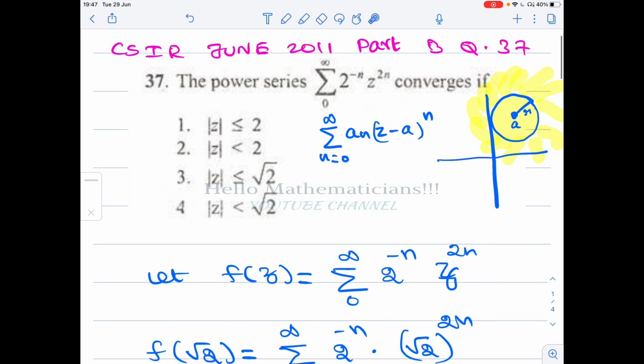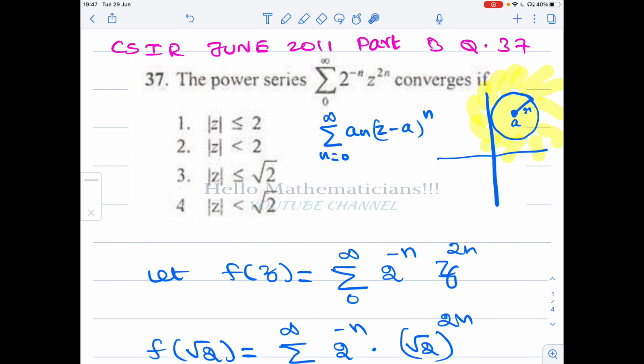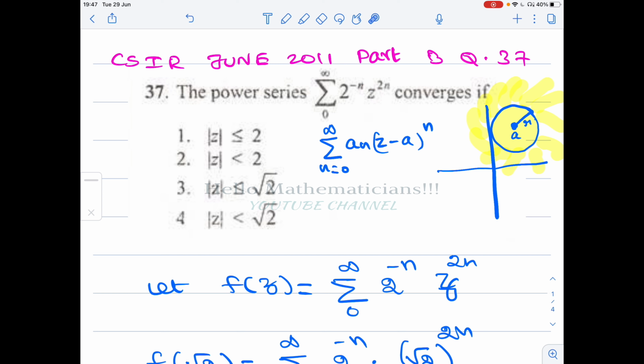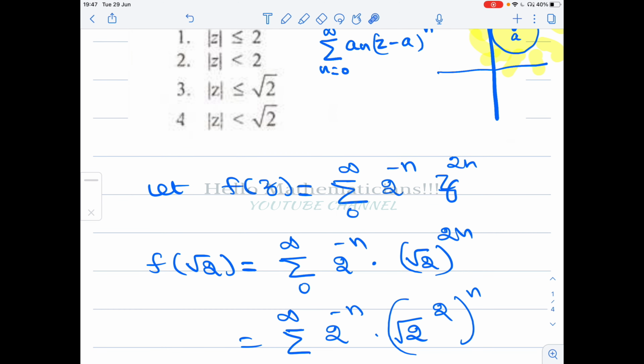Now this power series has the particular form 2 power minus n and z power 2n. That suggests we substitute z equal to root 2 here. Maybe initially you may not be able to guess root 2, but when you solve many similar problems, you will naturally start thinking about substituting root 2 in this kind of problem. I take the given power series as f of z.